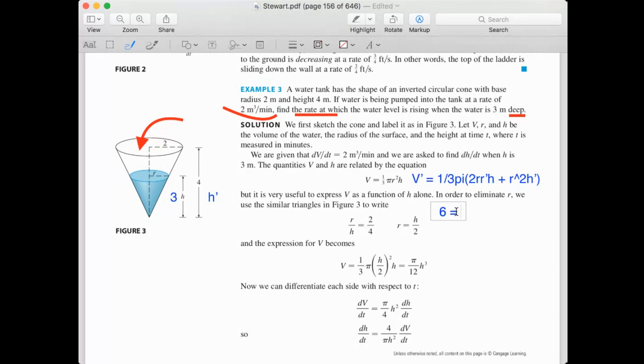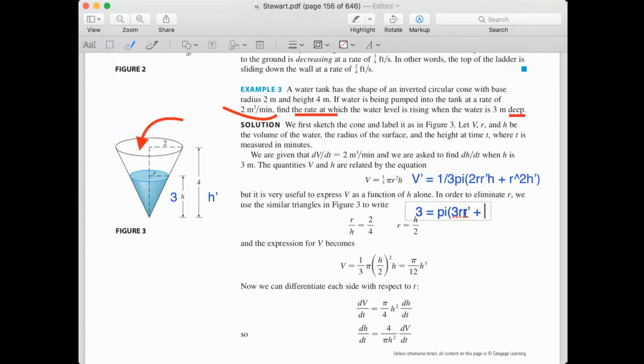Also, I have this 2, so let me simplify by dividing by 2. I still get 3 pi times... I don't know r at this moment yet. I don't know r prime yet, but I know h. H is 3, right?